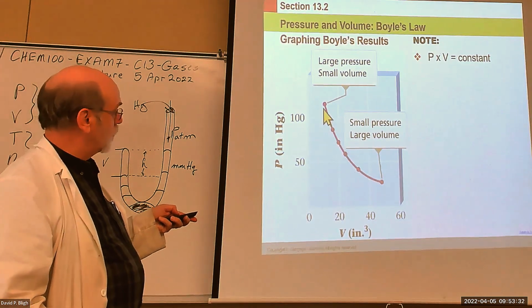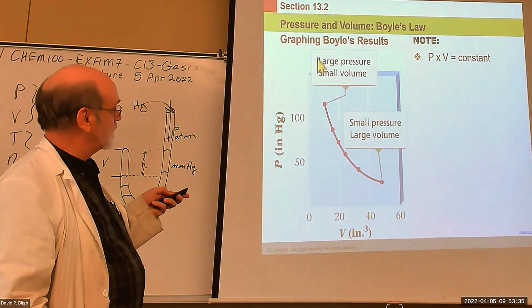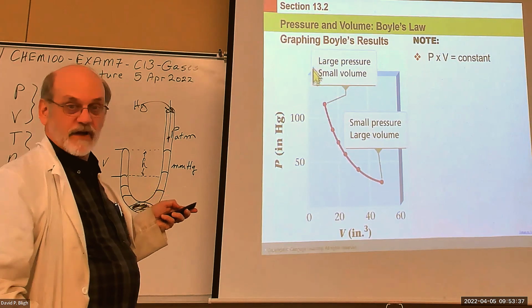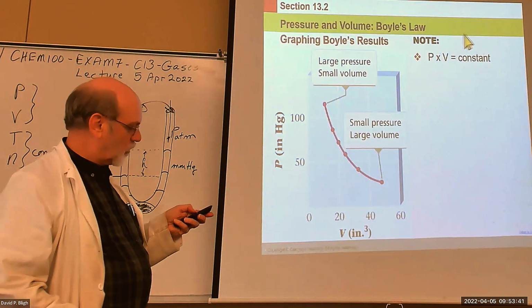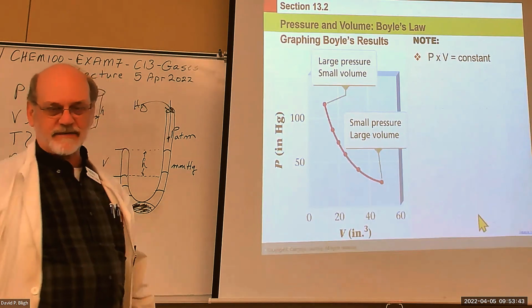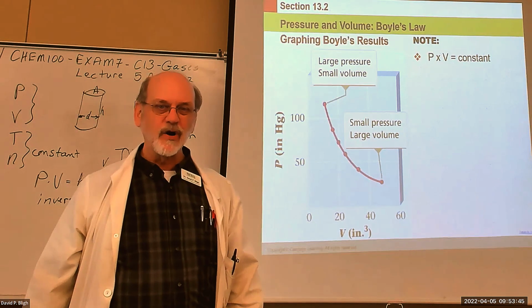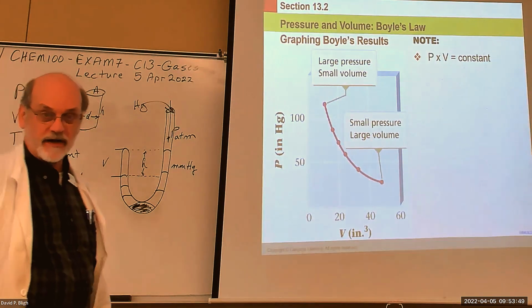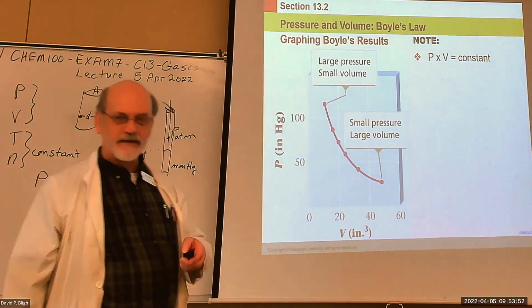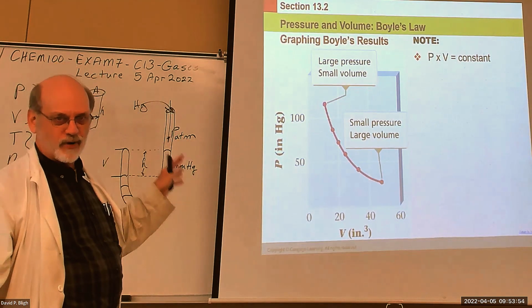And if you go this way, where the pressure increases and the volume decreases, the curve will never touch the y-axis either. So what do we call that in math? That is a hyperbola. Hyperbolas behave that way. This is a physical example of a hyperbola.